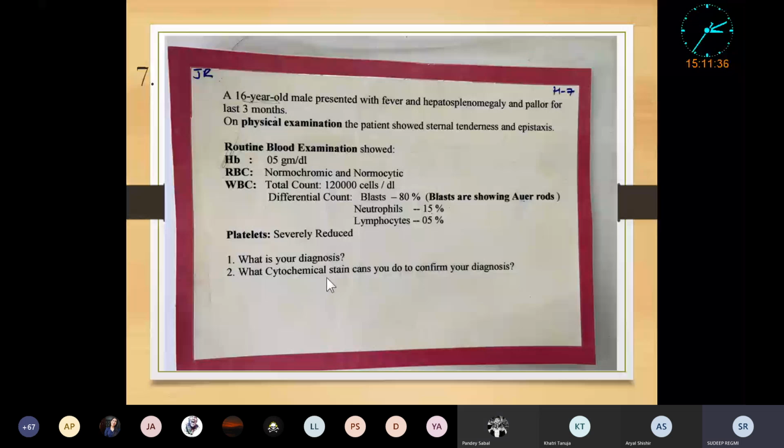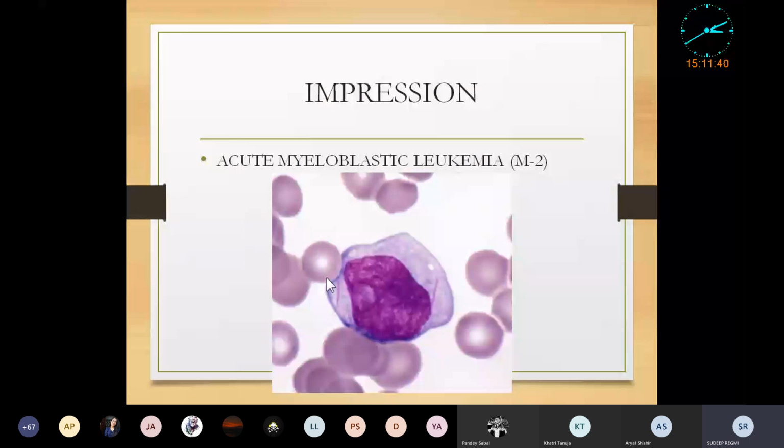So here you can see this is an acute myeloblastic leukemia M2. So FAB classification, if you see, the classification is M0 to M7. There are 8 subtypes in the FAB. So according to the FAB, there is M0, M1, M2. So you should go through this.